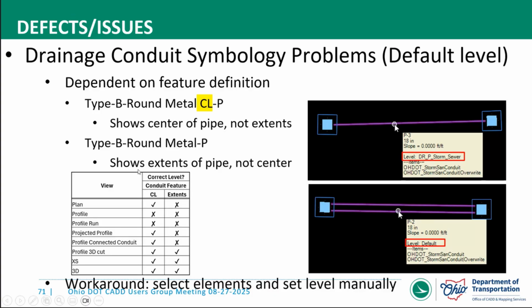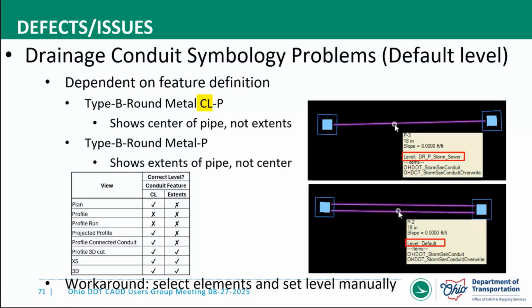But some of them, strangely, like the cross-section ones show up. Some of them just magically show up on the correct level, like the profile 3D cut. All right, that'll show up on the right level. The profile connected conduit, so the circles that show up, I don't know.